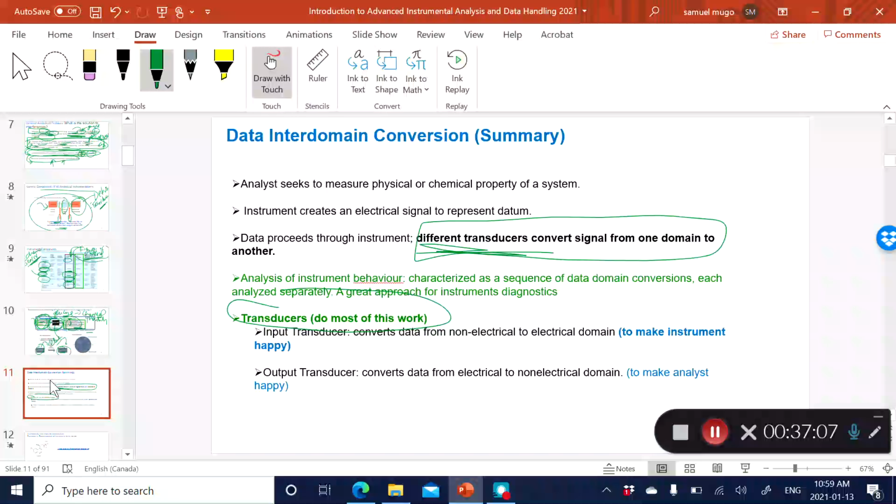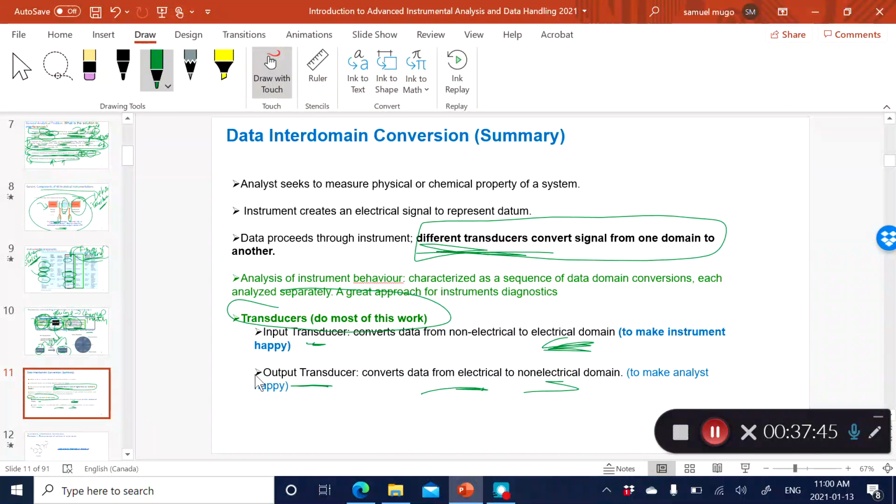For example, the so-called input transducer, which is what happens first: the non-electrical quantity, or the physical quantity, is converted to an electrical quantity, so that the instrument is happy. That's the language the instrument understands. And then finally, you've got the output transducer that converts the electrical quantity to a non-electrical domain, so that the analyst is happy, and that's what you call the analyst domain.